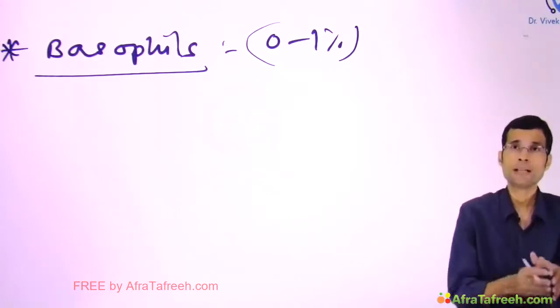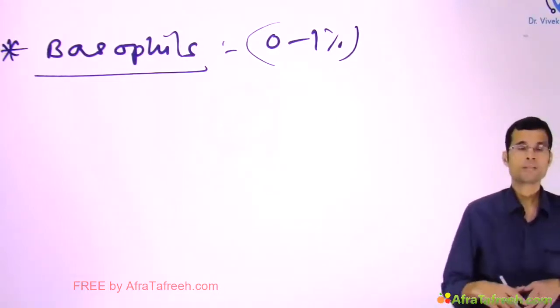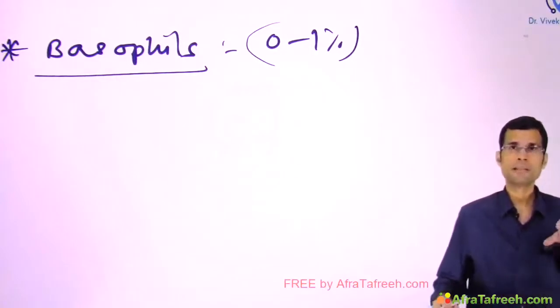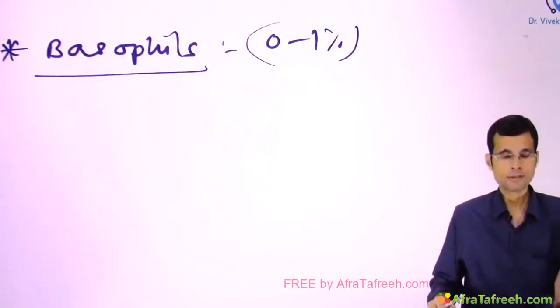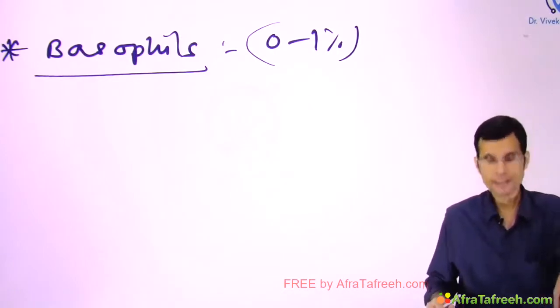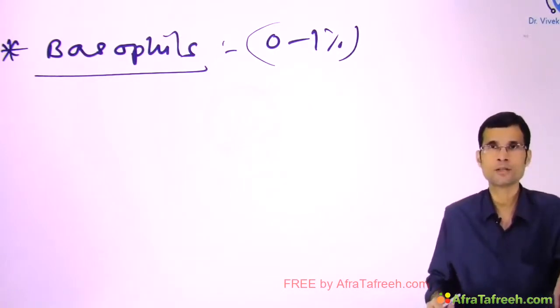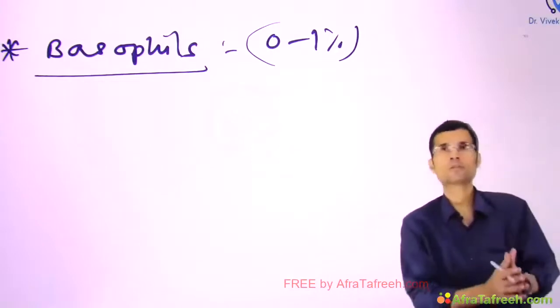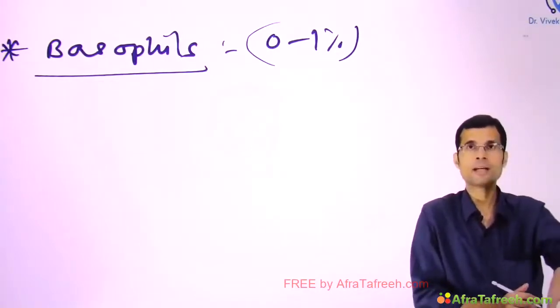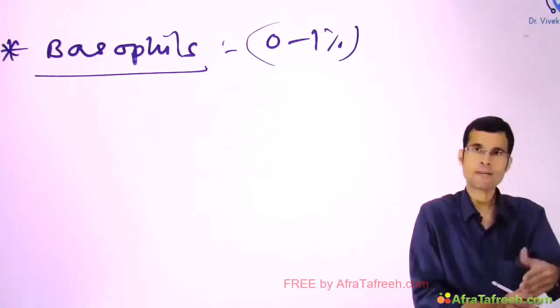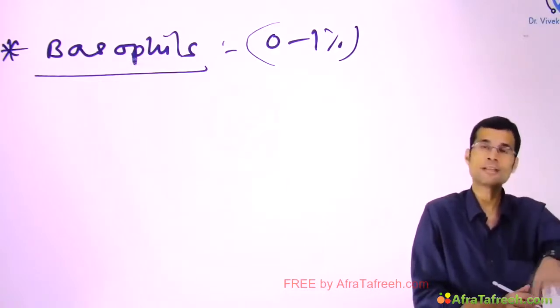But what is punctate basophilia? There are certain conditions, for example, lead poisoning. In this condition, the RBC maturation is arrested and there is basophilic stippling of the RBCs. We have seen in erythropoiesis that the first few precursors of the RBCs are basophilic, they have acidic content, and therefore they attract basic stain.